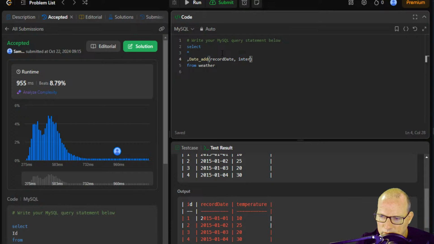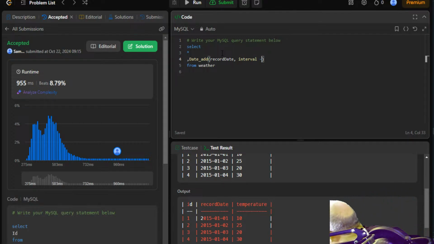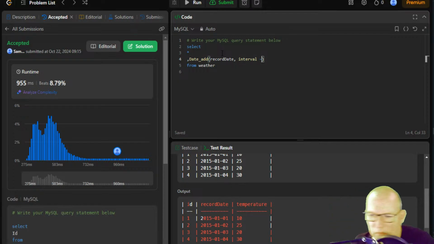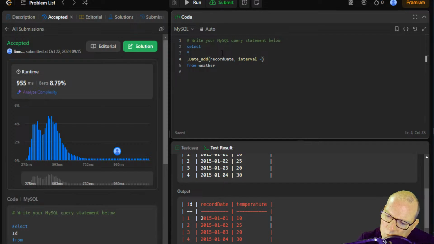Yeah, interval minus 1 day. I may be doing this backwards, but we'll figure it out. All right, so as previous date.